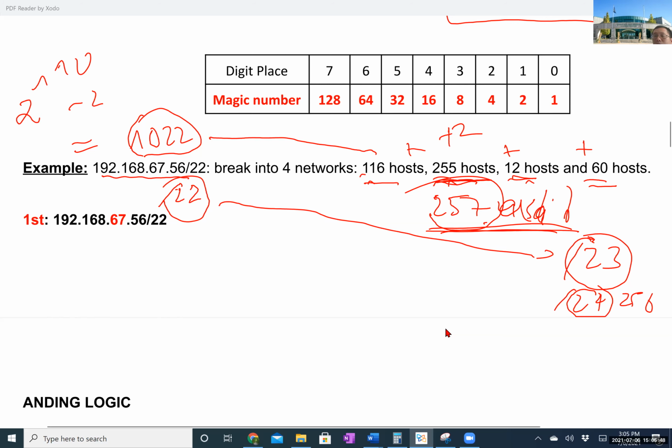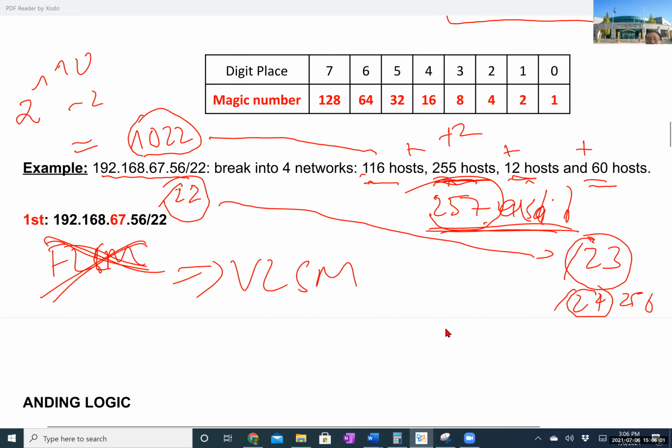For this one, you need 4 subnets. So you know that the fixed length subnet mask does not work here. Now we have to work with the variable length subnet mask. In the case of variable length subnet masks, you have to remember to sort the requirements in order from the largest to the smallest.